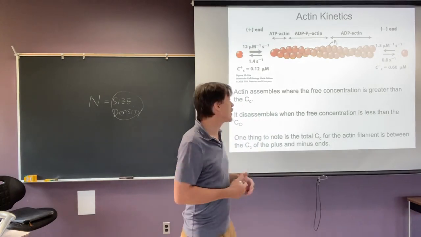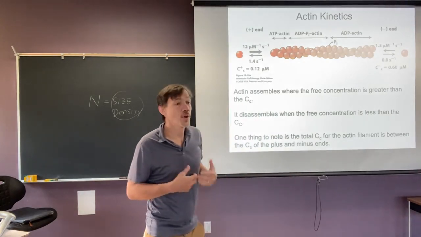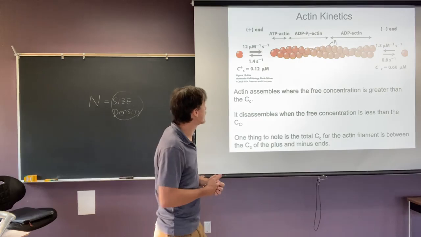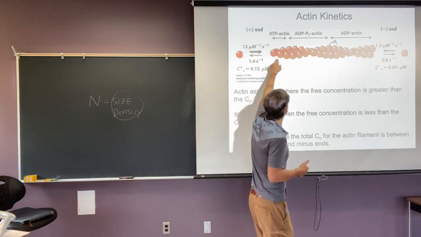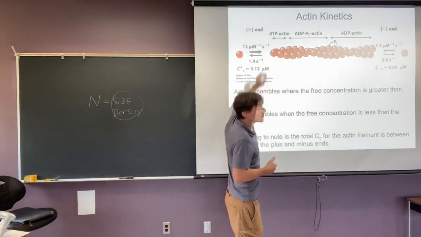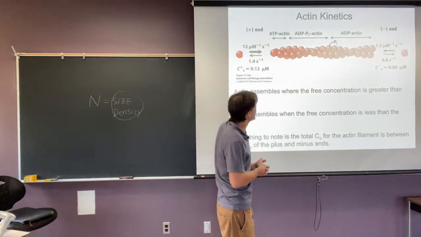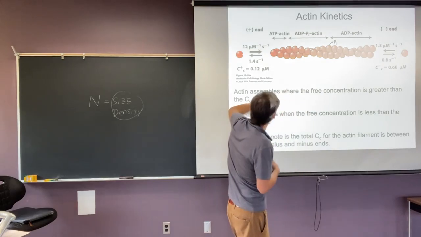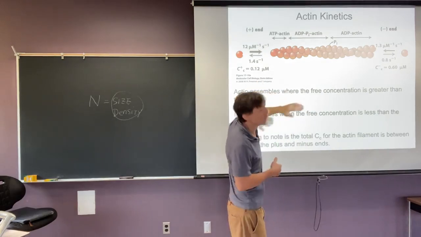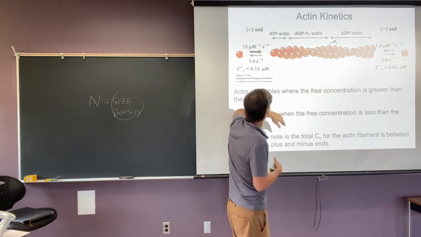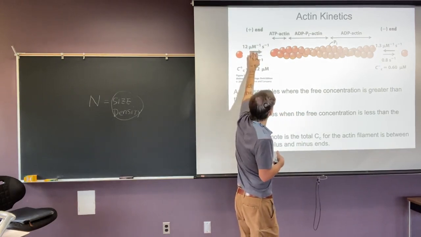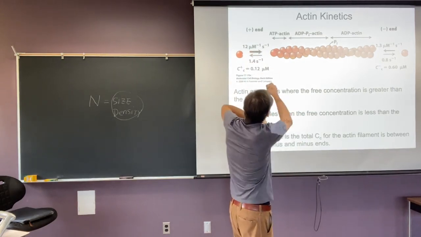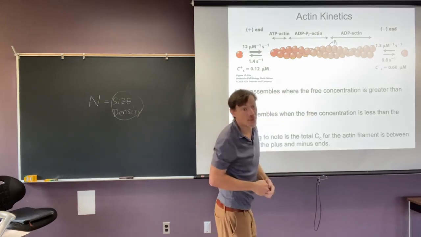When we talked about the kinetics of this, we can understand that the rate of assembly depends on the concentration of soluble actin. When you look at the kinetics, you'll find that for a given concentration of actin, rates of assembly are about 10 times faster on the plus end than the minus end.